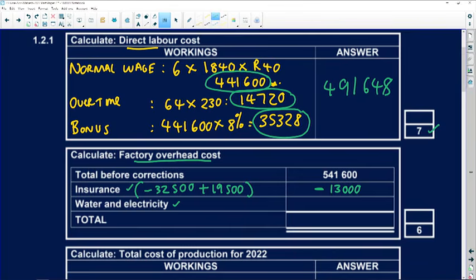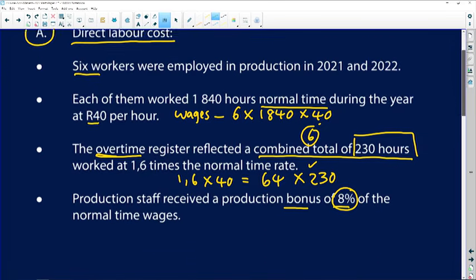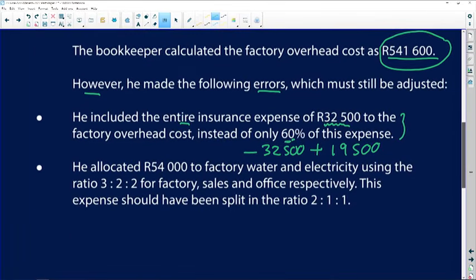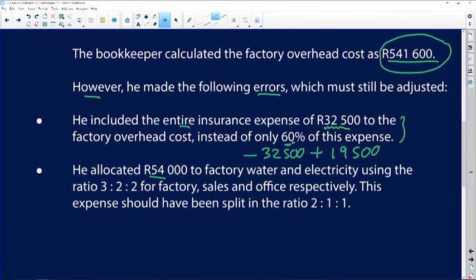Let's now look at water and electricity and see what mistake was made. He allocated 54,000 to the factory water and electricity using the ratio 3:2:2 for the factory, sales and the office respectively. This expense should have been split in the ratio 2:1:1. So 54,000 is what he allocated, and that's a wrong amount, so clearly we need to subtract the 54,000.